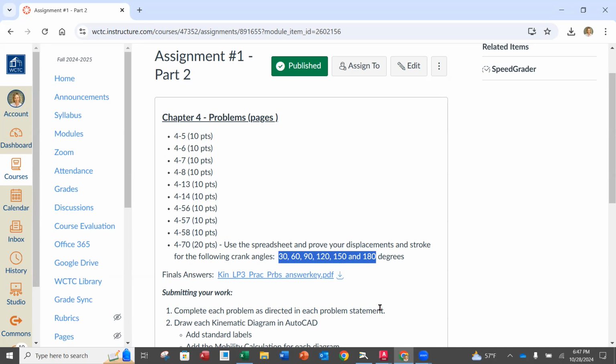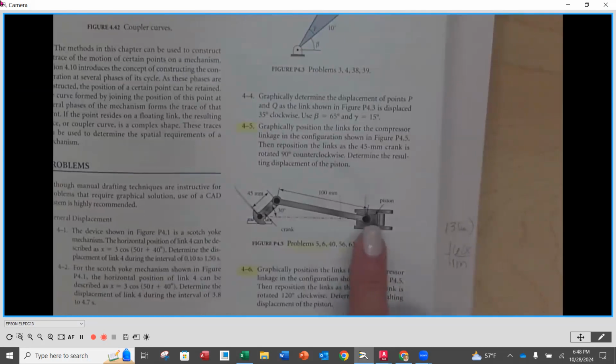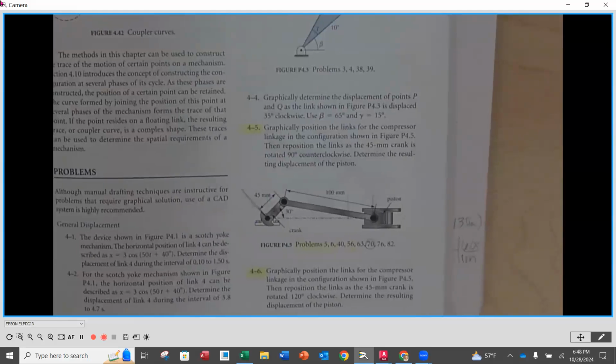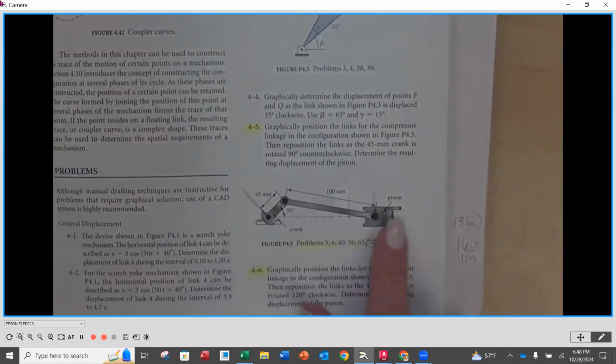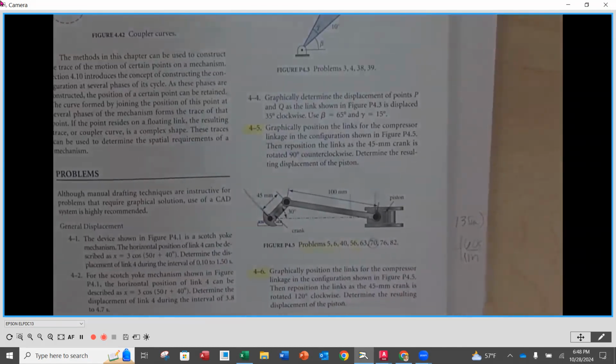This is for the first diagram that you did, the inline slider mechanism right here. Basically what you're proving is that the displacements you generate from, if you choose that to be your first extreme position, top dead center, are the same values that you see as the displacements on your Excel diagram.